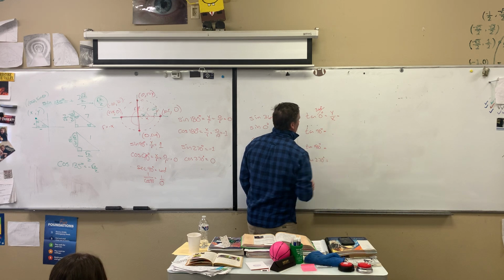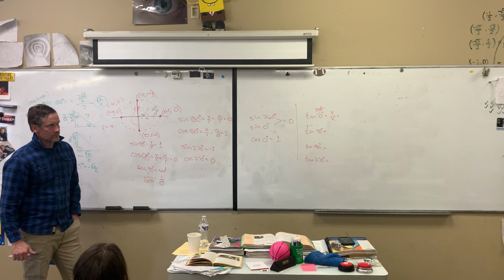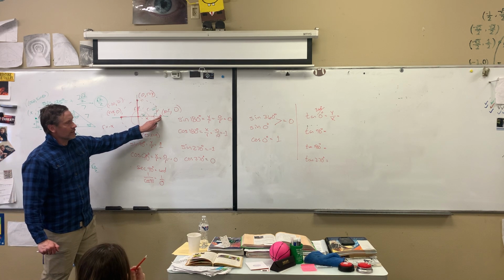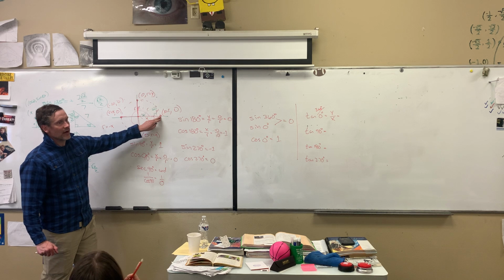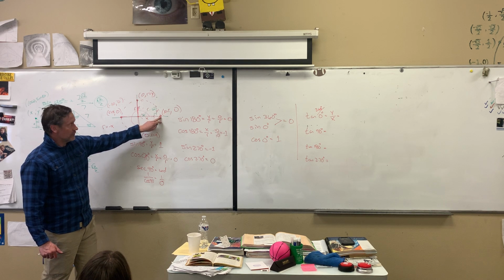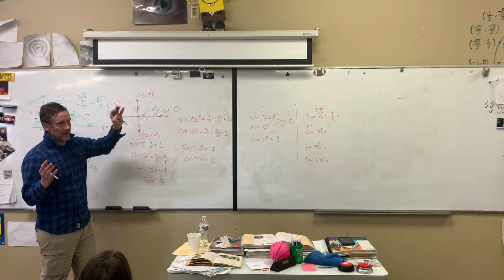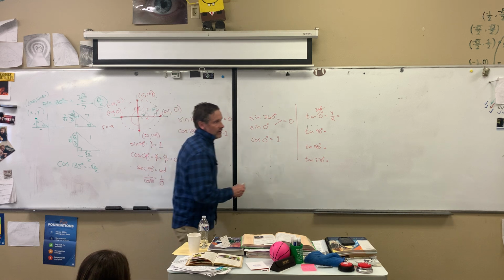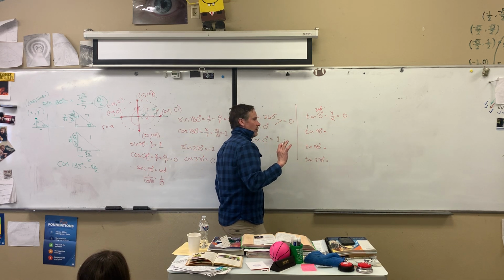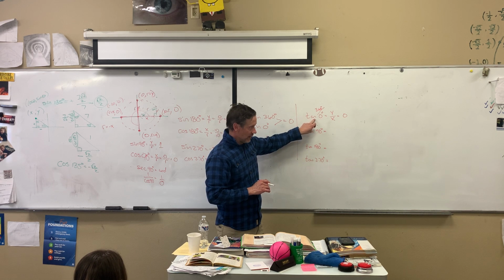So think about y over x at 0 degrees or 360 degrees. What's your y value there? 0. Your y value is 0. 0 over whatever x is, it doesn't matter. What's 0 divided by anything? 0, unless it's 0 divided by 0. So it's 0. Reciprocal, so cotangent of 0 is undefined.